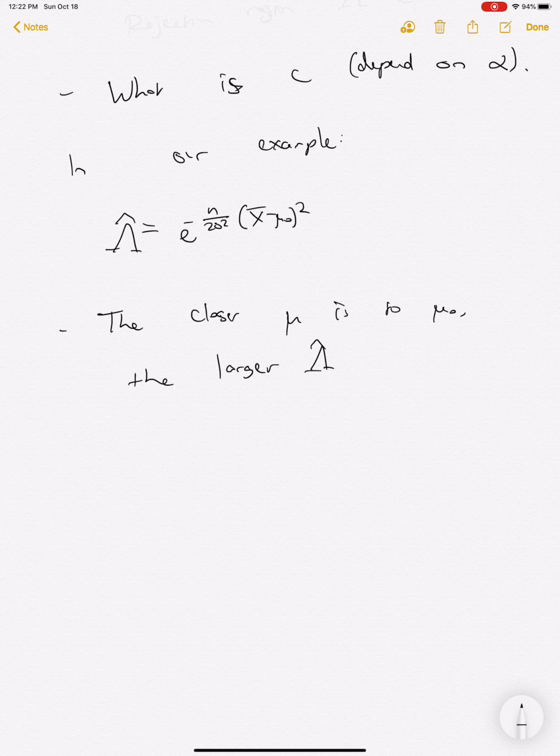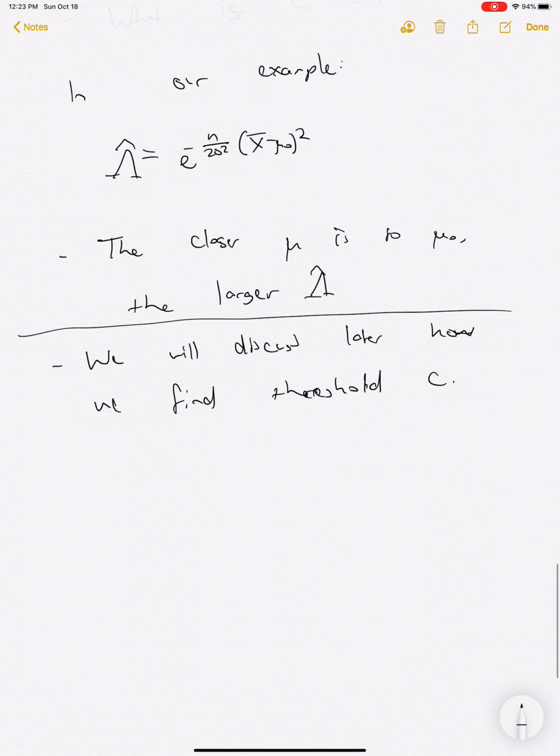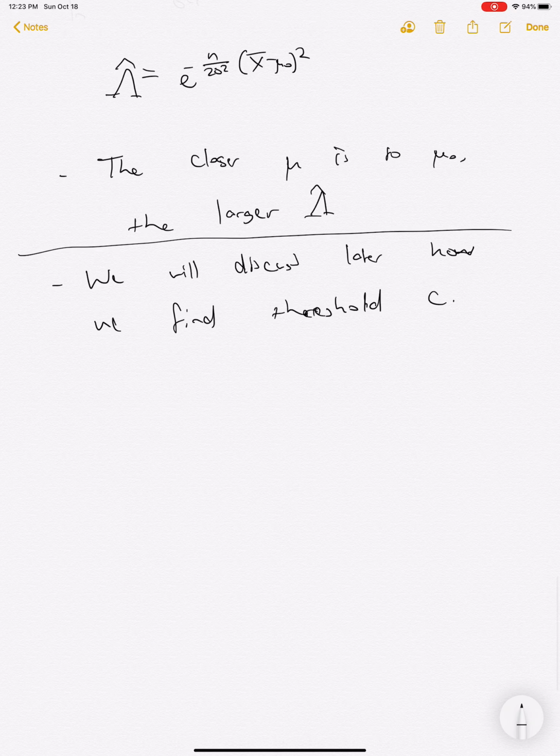And we'll discuss later how we find the threshold c, because this is going to come down to the distribution of that statistic gamma hat, or lambda hat, sorry.